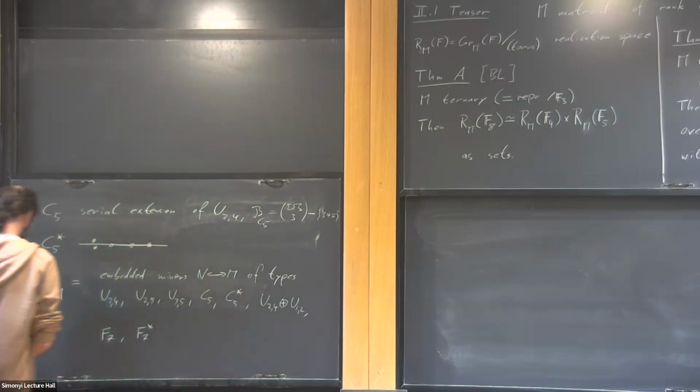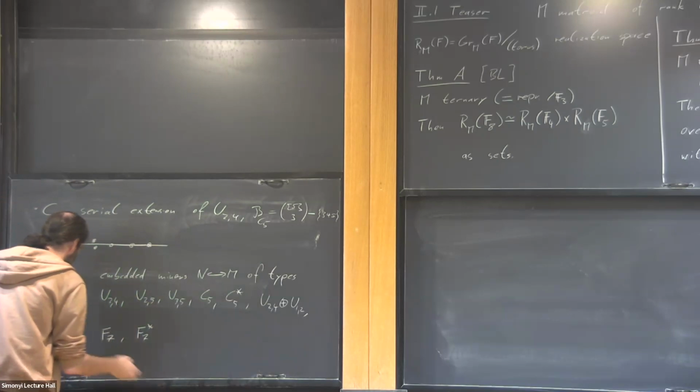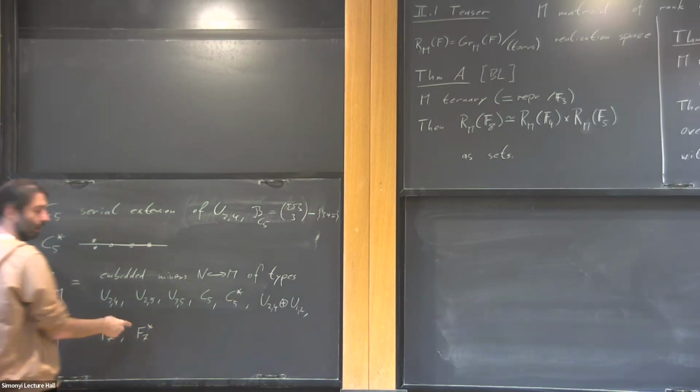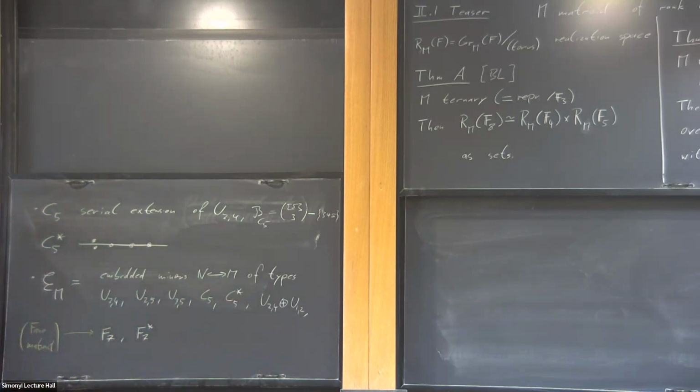So F7, this is the Fano matroid. There are 7 elements. F7 star is the dual of the Fano matroid, also on 7 elements.